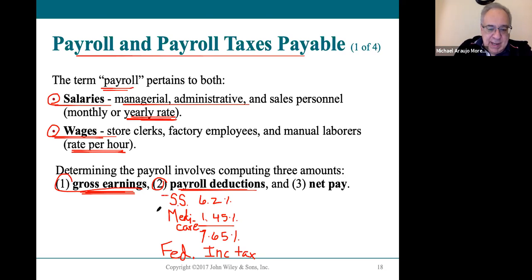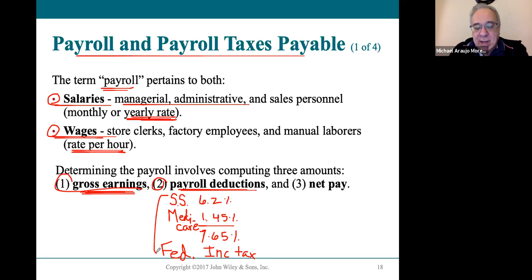Social Security, Medicare, federal income tax withholding gets sent to the IRS. The IRS is the tax collector for the federal government. State income tax, as well as the sales tax, goes to the State Department of Revenue, because the State Department of Revenue is the tax collector for the state. So all governments have tax collectors. So that's how it works, right?